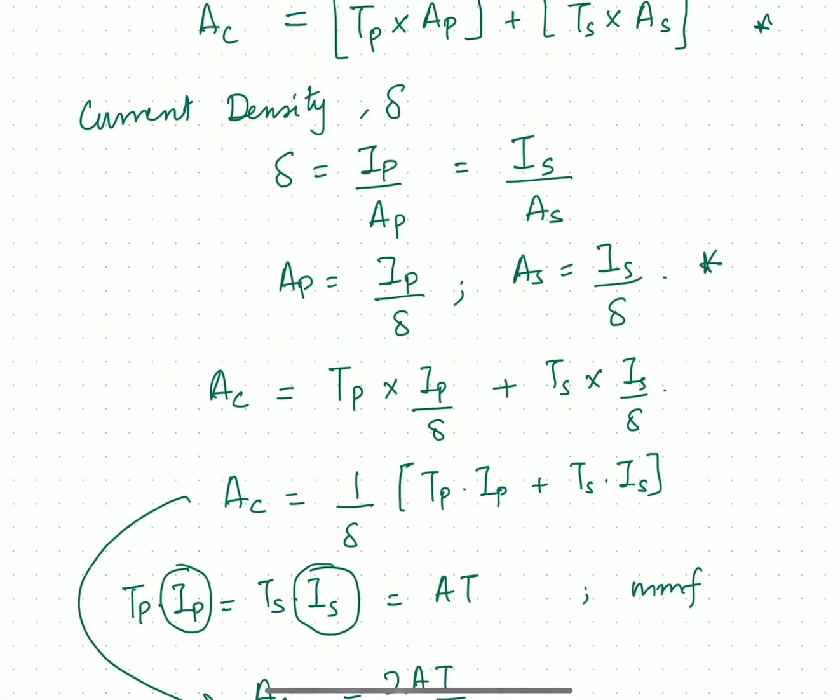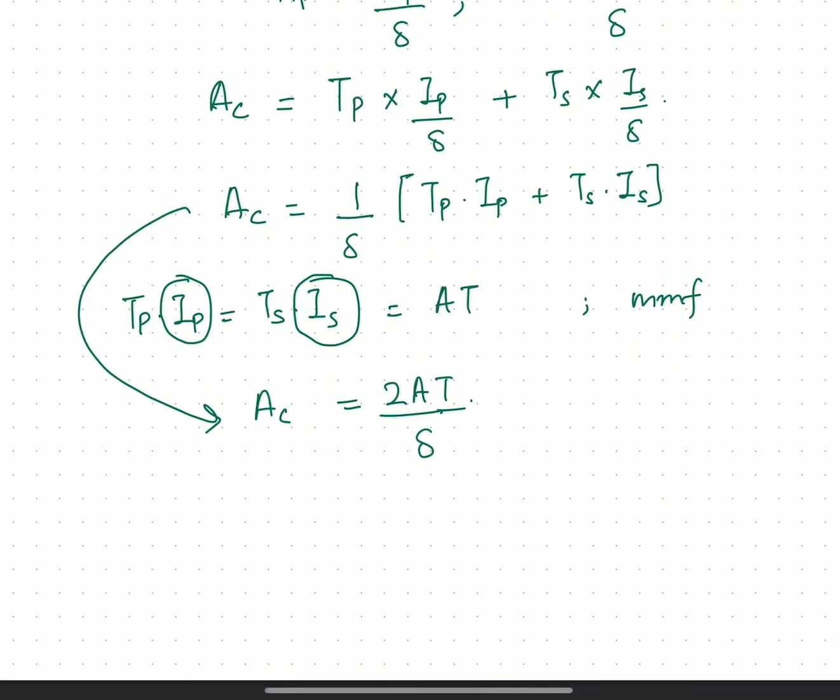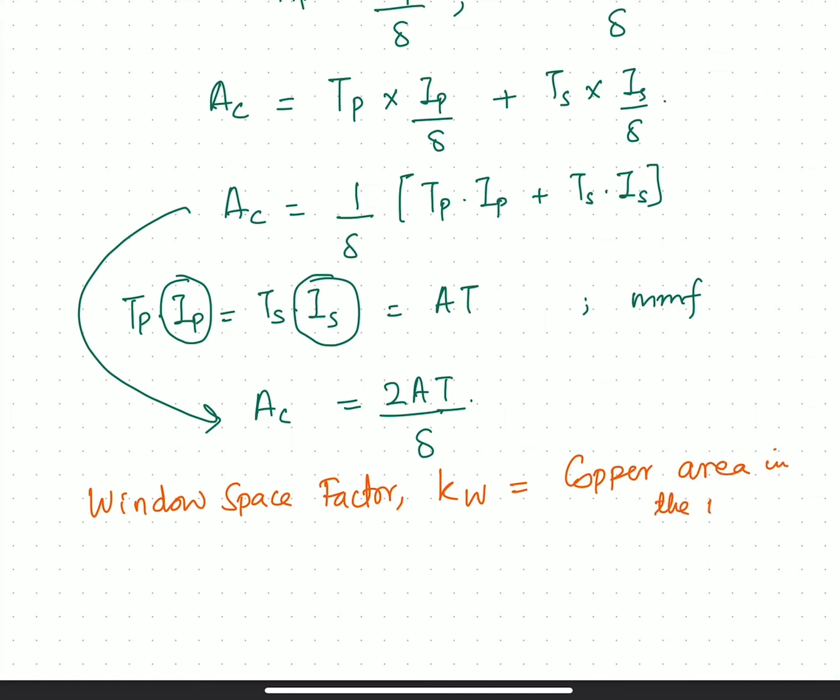And we introduce another factor, known as the window space factor, Kw, which is equal to the copper area in the window divided by the total window area, right? So Kw is equal to AC over AW.